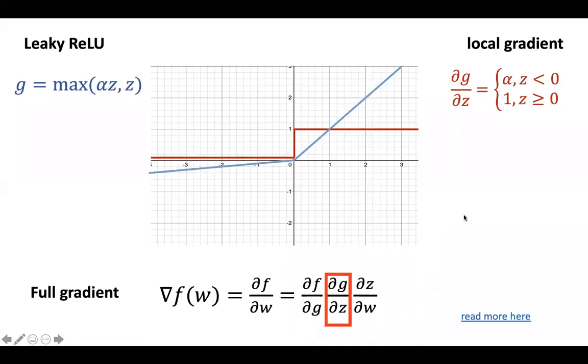In order to overcome this problem, there is a version of ReLU, which is very similar to ReLU, but instead of setting all the negative values to 0, we scale the input by some scalar alpha. For example, in this plot, alpha was equal to 0.1.